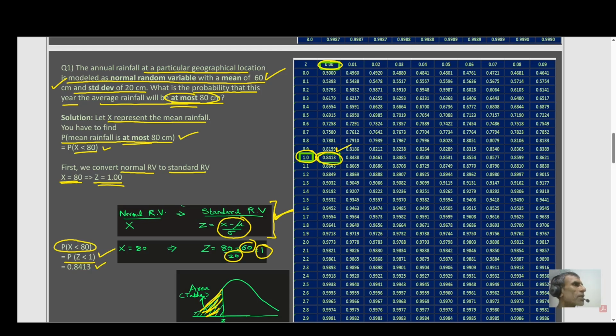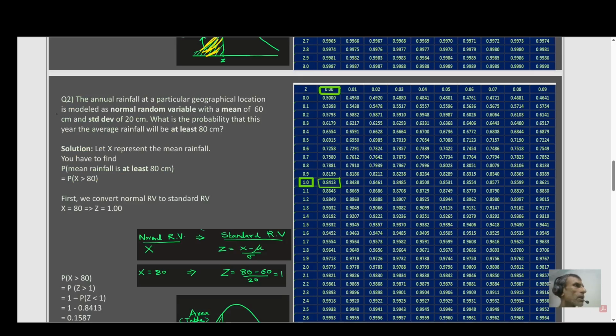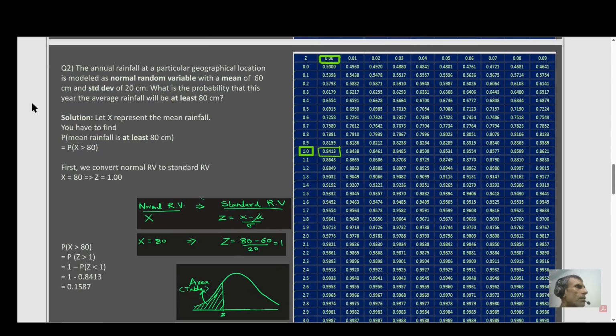This represents the chance that the average rainfall is going to be at most 80 centimeters this year. Another question, something similar. The annual rainfall at a particular geographical location has the same normal distribution, with the same mean of 60 centimeters and the same standard deviation.